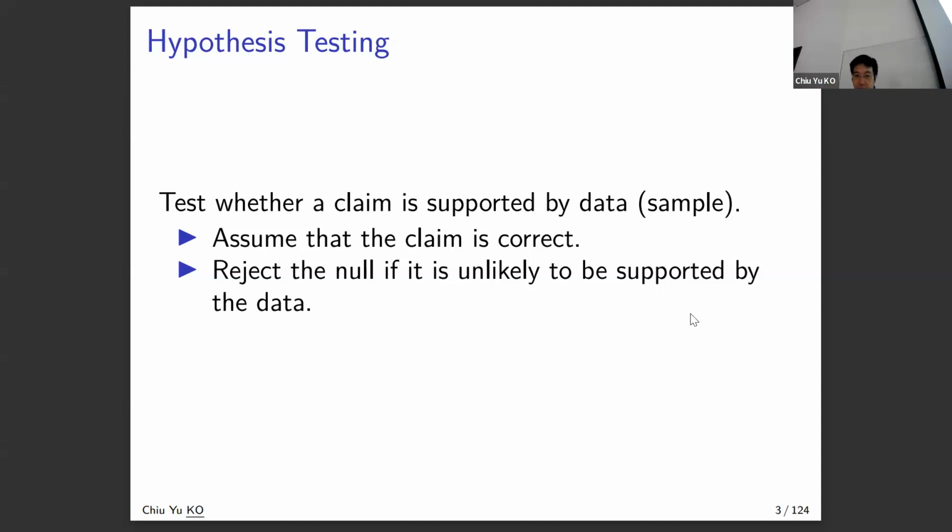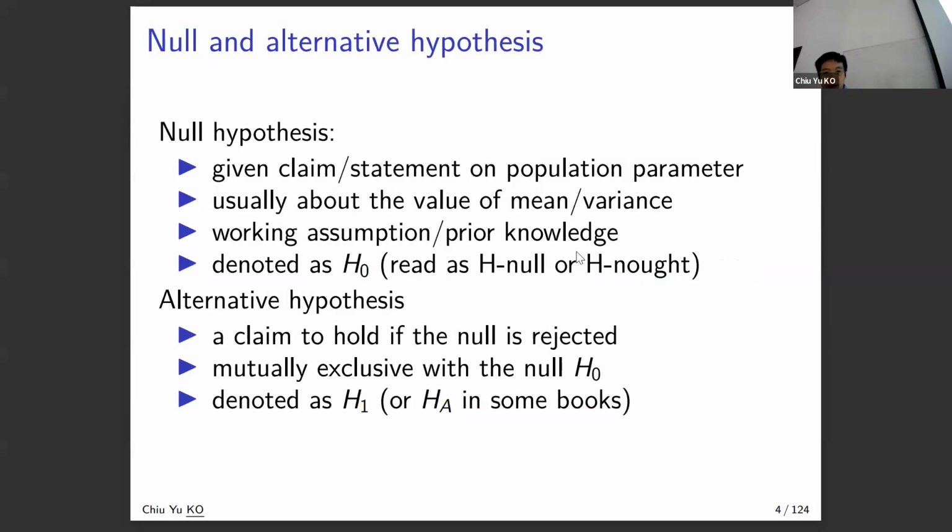The main thing is the claim is called the null. We reject the claim if it's not supported. We have two different hypotheses: one is called the null, one is called the alternative. By construction, the null is the working hypothesis.